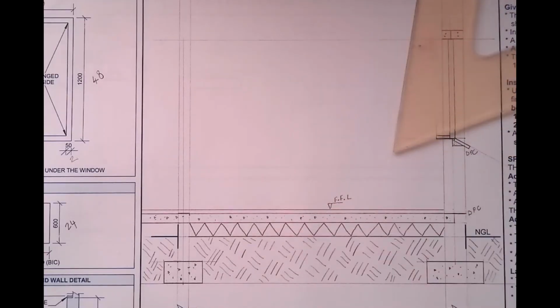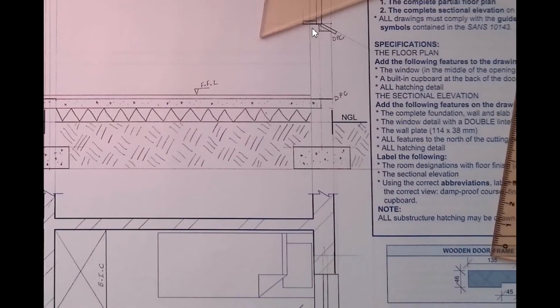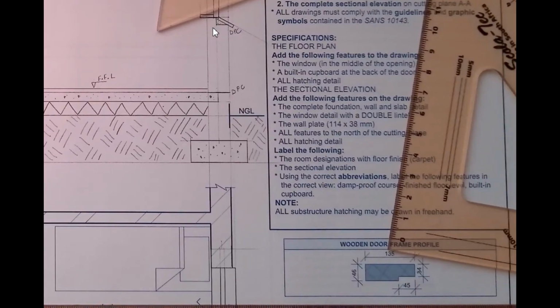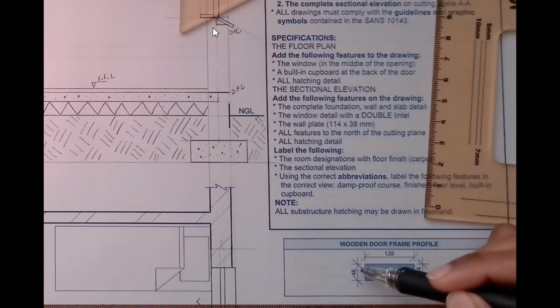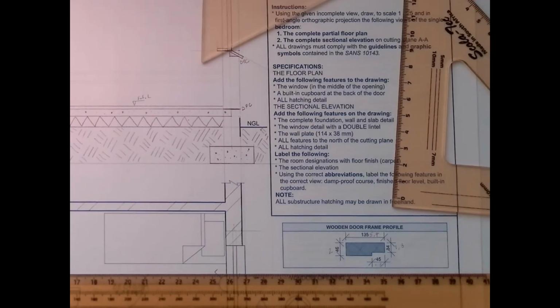So with the door, we are given a wooden profile, which is just below here. So we have our profile, which we must use the scale to get the actual dimensions for the drawing. Now with my dimensions converted, I'm just going to now draw this in my internal wall.